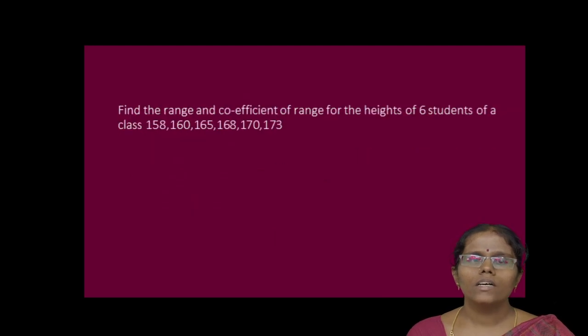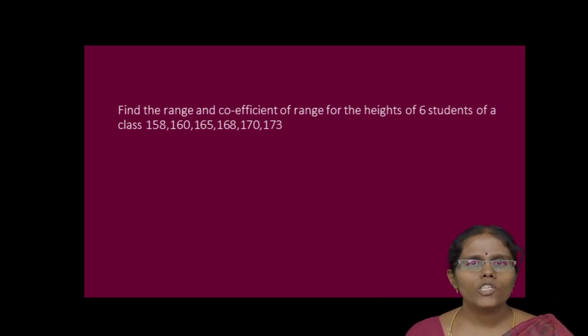Next, the problem. In this problem, the heights of 6 students are given. Here the largest value is 173 and the smallest value is 158. The difference is 15, so the range is 15.